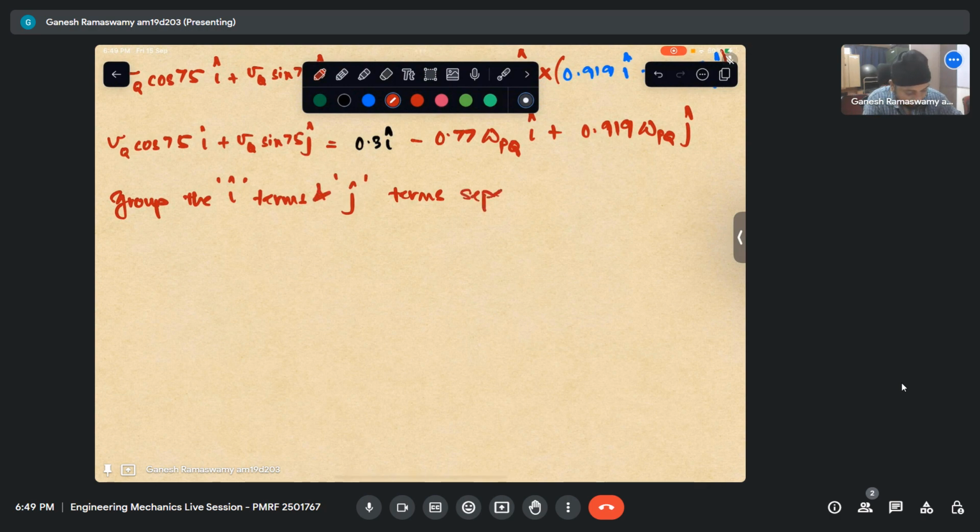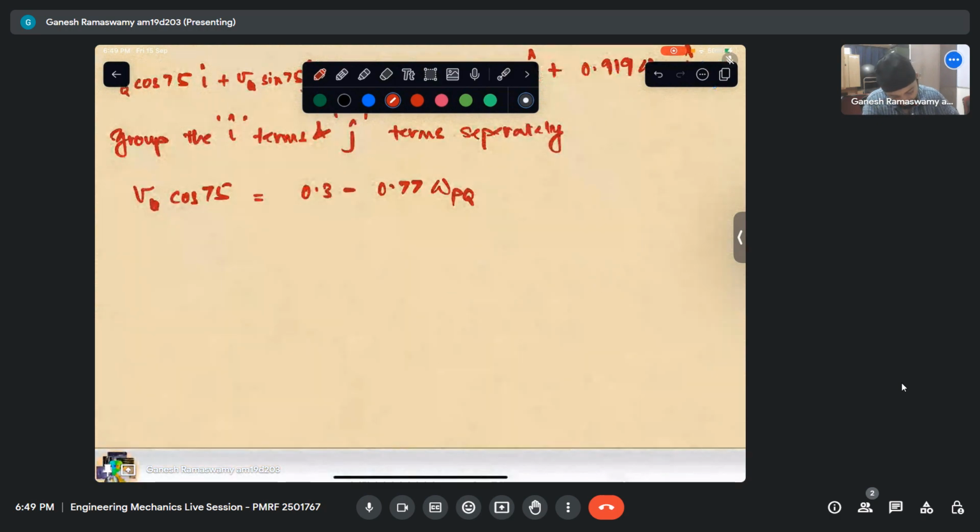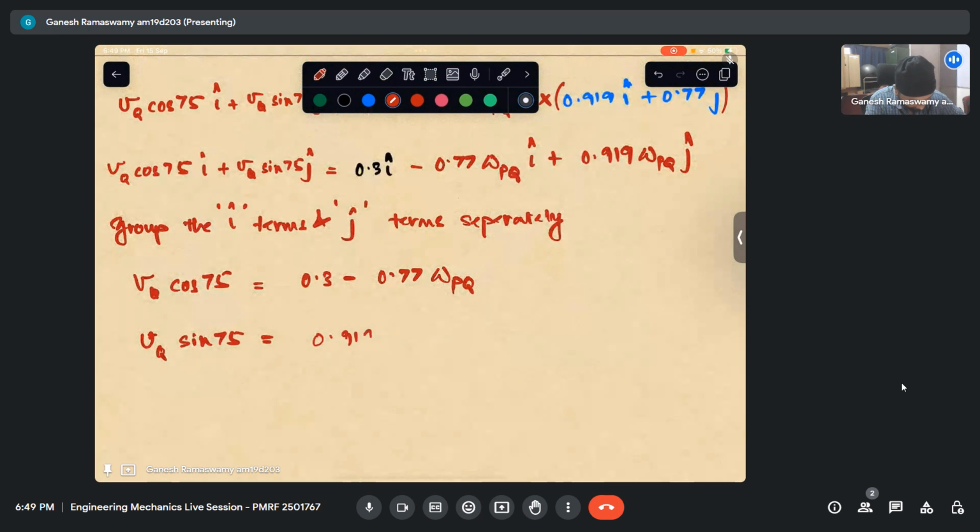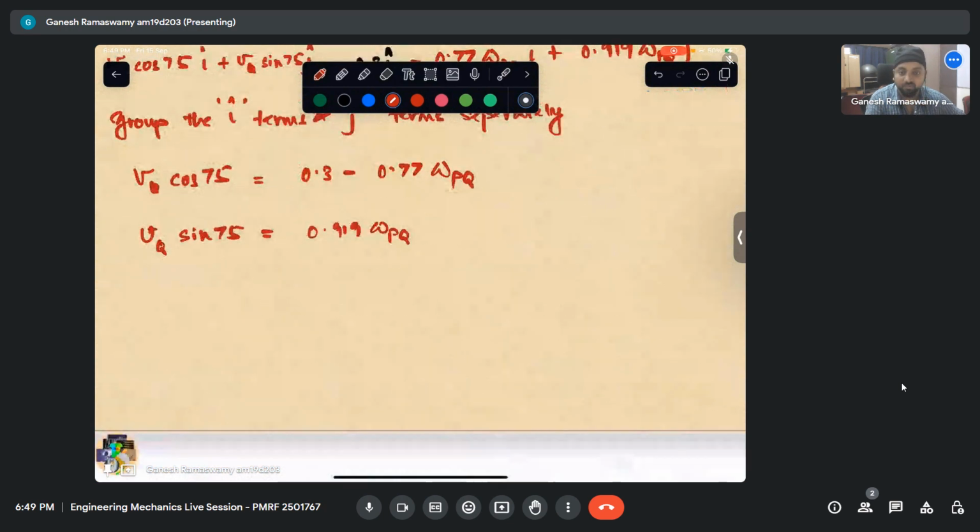If I group them separately, I get V_Q cos 75 is nothing but 0.3 minus 0.77 omega_PQ, and then V_Q sin 75 is nothing but 0.919 omega_PQ. So this equation I got by grouping the i terms.